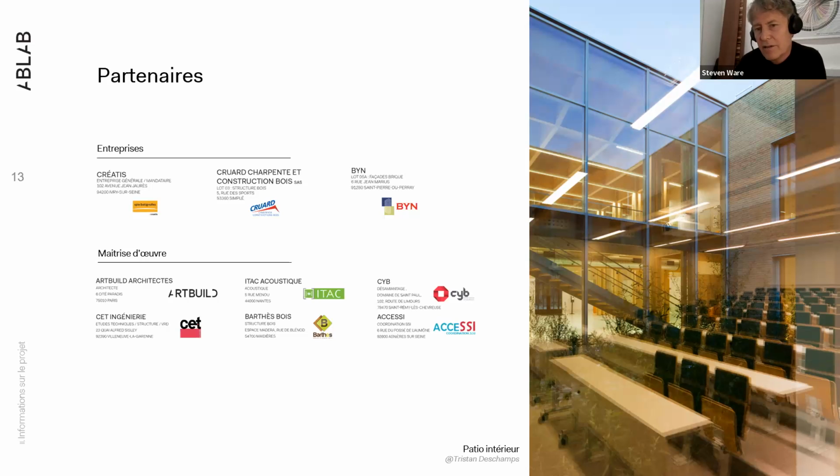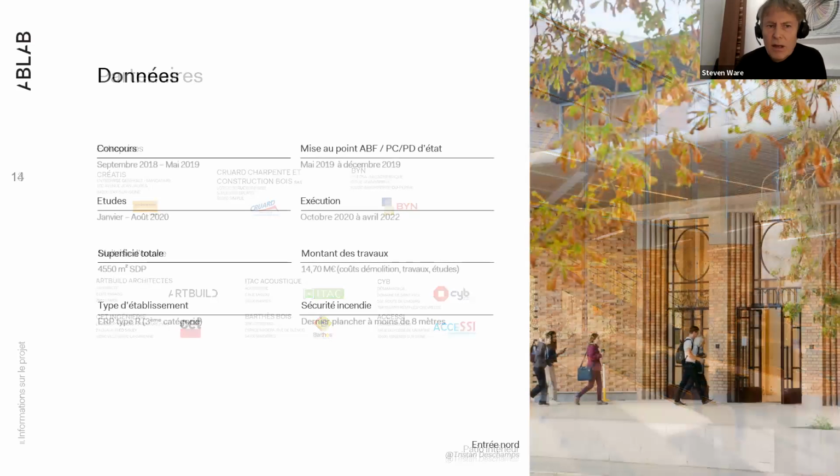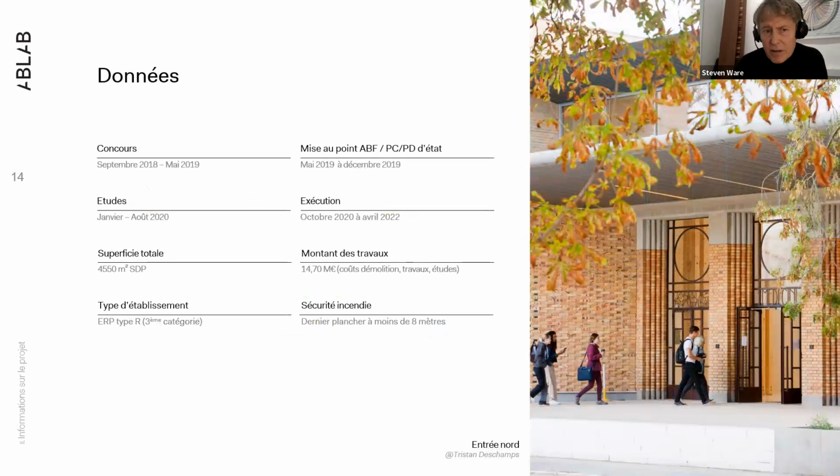So working with specialist contractors in timber is an absolute must, especially if you've got the shared culture of working together and trying to see how you can optimize each element of prefabrication in order to make it the most appropriate possible. So a little timeline: the competition was held between 2018 and 2019. We were fortunate enough to be able to get the project awarded to our group. 4,500 square meters of new construction, 14.7 million.